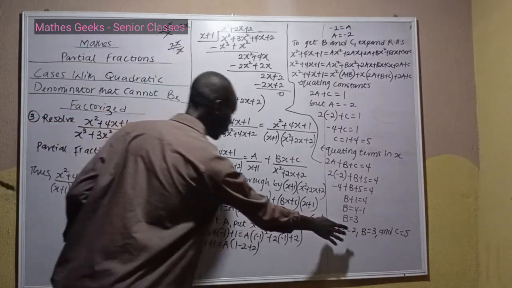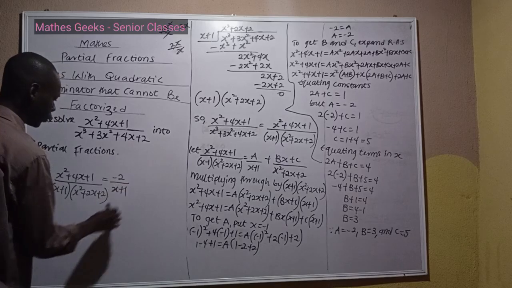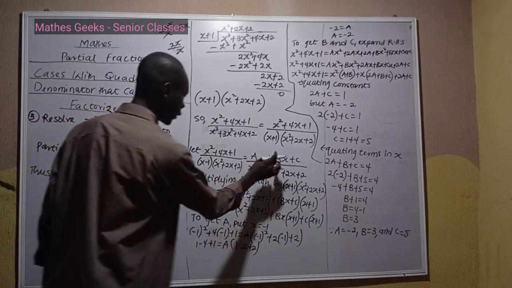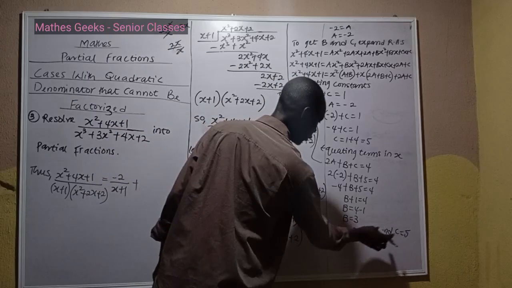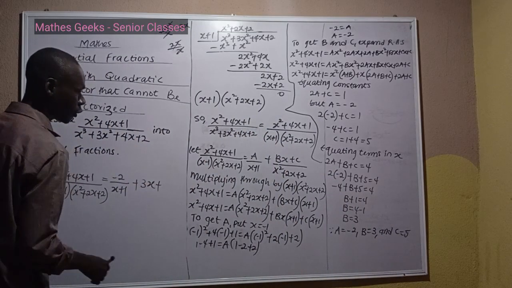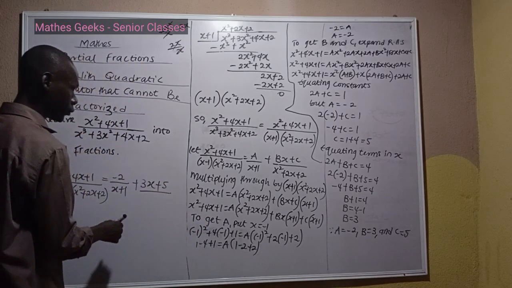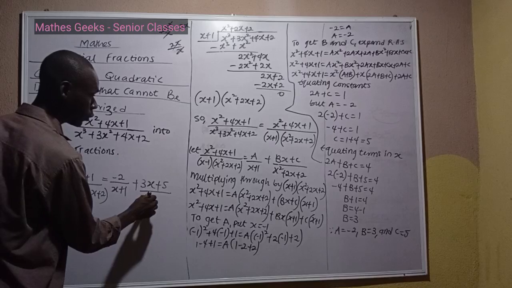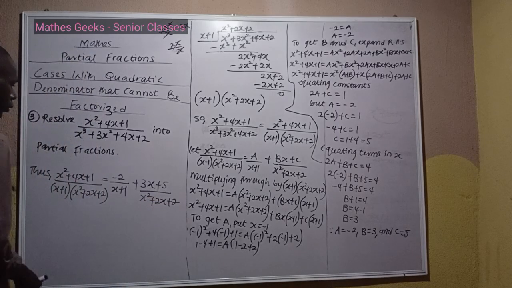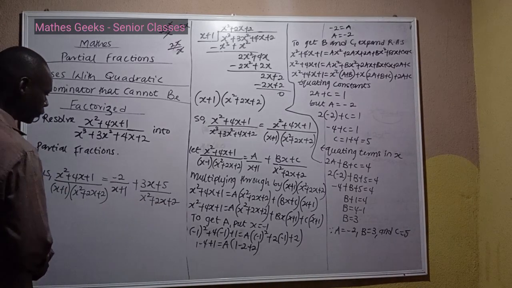So our a is minus 2, so we say minus 2 over x plus 1, plus bx, so our b is 3, that will give us 3x, and what's our c? c is 5, over x squared plus 2x plus 2. We can leave it like this. Yeah, that's the answer.